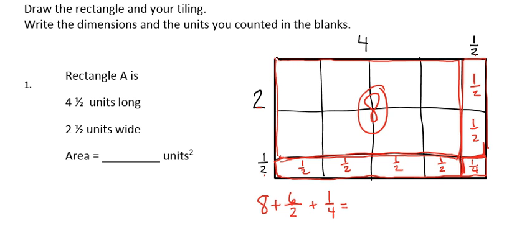Well, 6 halves is the same thing as 3 wholes. So I'm going to change my 6 halves into 3 wholes. Now I can add 8 plus 3 is 11, plus 1/4 is 11 1/4. So the area of this rectangle is 11 1/4 square units.